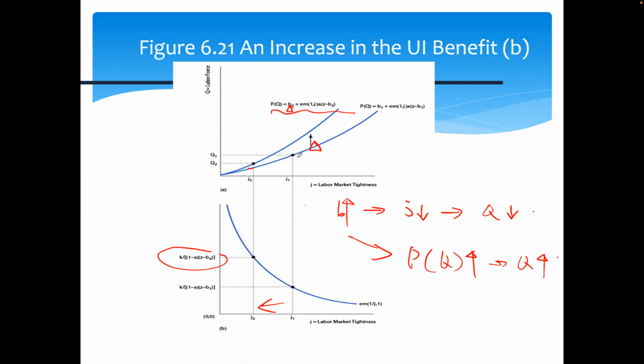Here we show a scenario when this increase outpaces or dominates the decrease. This is slightly different from what we have learned in the one-side model. The unemployment benefit increase encourages more people to look for a job. So this does not necessarily mean it's going to increase unemployment, as we discussed earlier.